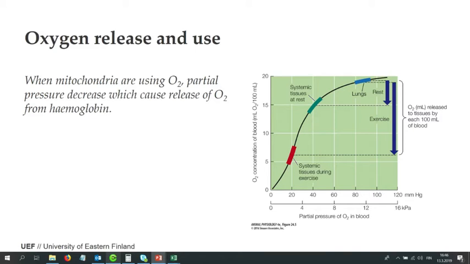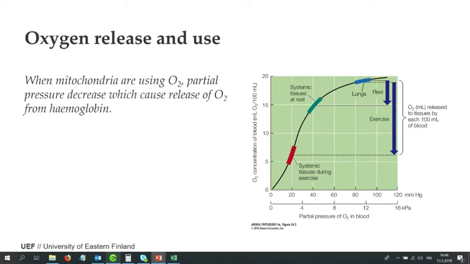And in this figure it means that okay, we had to go on the leftward. On the partial pressure is smaller, it means that because this curve is going down, there's less oxygen that can be binded in the hemoglobin. So it must release the oxygen.